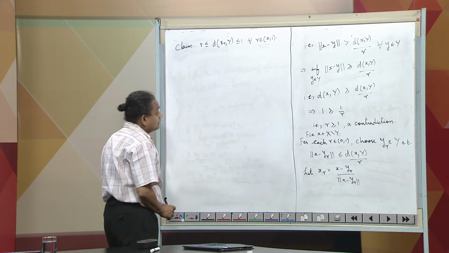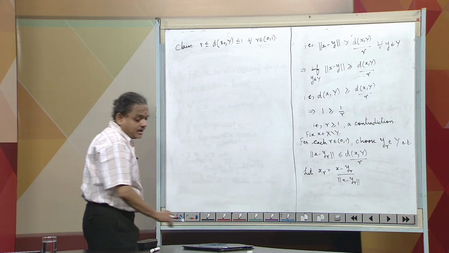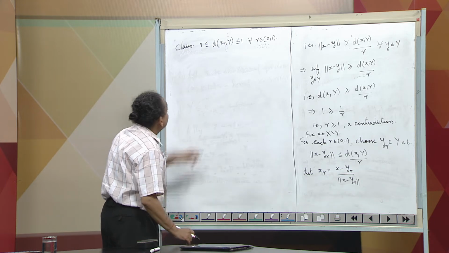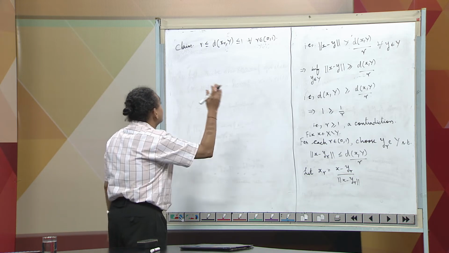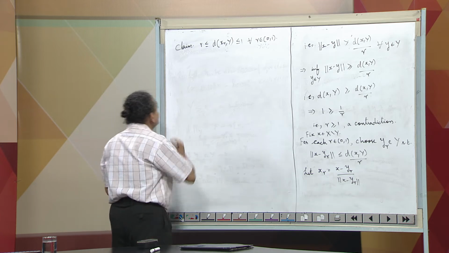Now, one way is clear. Which way? The right hand side is clear. Why is it true?